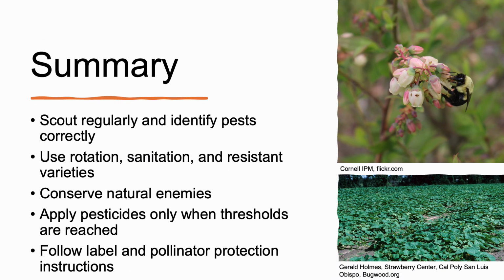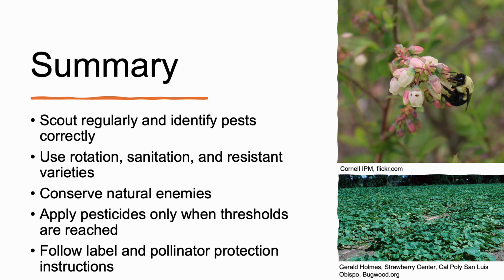To wrap up, effective pest management starts with regular scouting and accurate pest identification. Using cultural practices like crop rotation, good sanitation, and resistant varieties can help prevent many problems before they start. Conserving natural enemies helps keep pest populations in check and reduces the need for intervention.